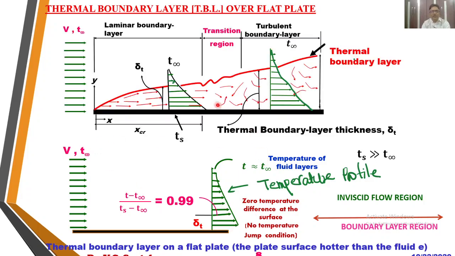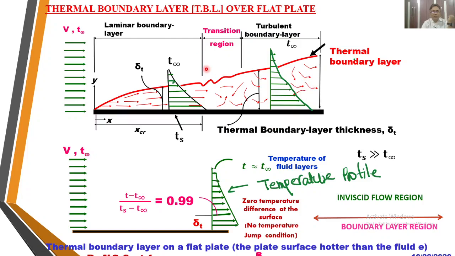And the same phenomena will take place as we move away from the leading edge. The temperature profile shape and hence thermal boundary layer thickness will grow in size because the effects of more and more heat transfer are felt at a greater distance in the y direction, and it is also affected by the value of Reynolds number.